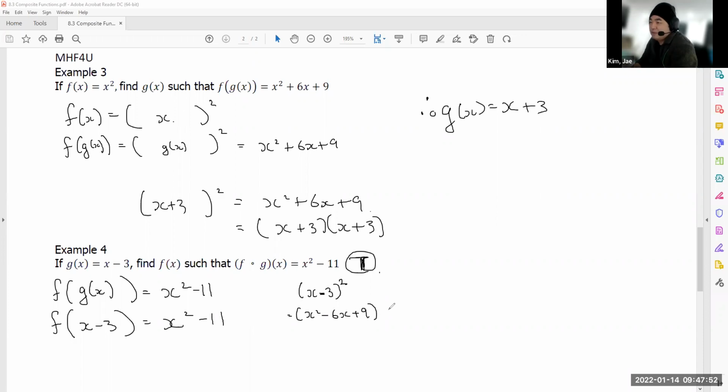Wouldn't we have to add a 6x? But once again, you can't just have x there, because anytime I'm plugging in an x, it actually comes in the form of x minus 3. So this would actually be 6 times x minus 3. That's why I have a positive 6x and a negative 6x. So it has to be this.